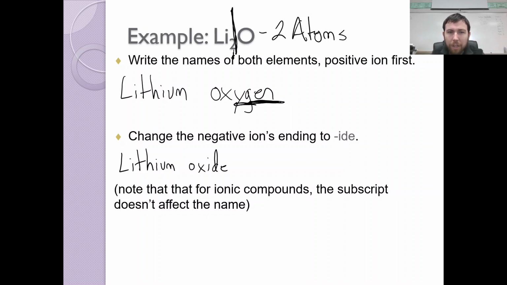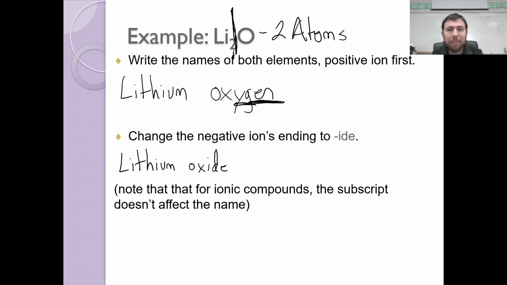The last little note that I want to mention is notice that in each of these names, in the sodium bromide example, there were no subscripts, but that didn't impact the name. In the previous example, we had Na2CO3. That subscript of 2 on the sodium didn't impact its name. And even here, for Li2O, we had 2 lithiums, but that subscript of 2 didn't impact the name, right?